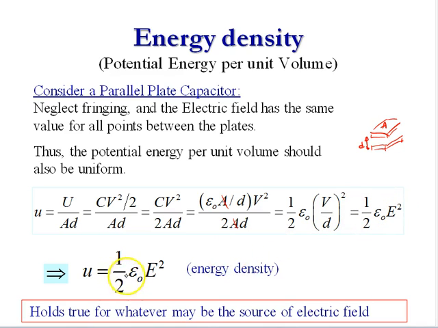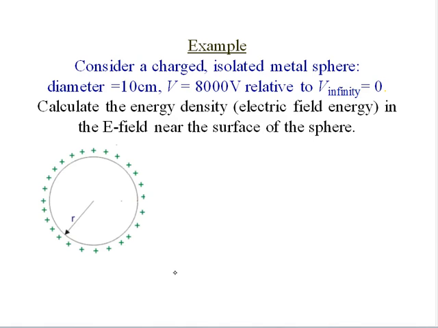That's going to be true for all types of capacitance, no matter the shape, true for whatever the source of the electric field might be. So let's consider an example of a charged isolated metal sphere. We know its diameter, and we know the electric potential at the surface of the sphere relative to a zero at infinity.